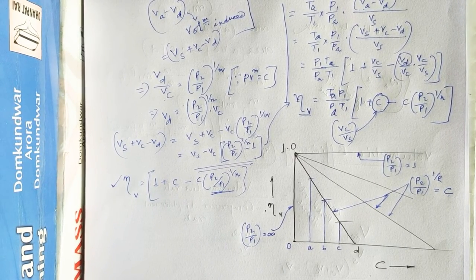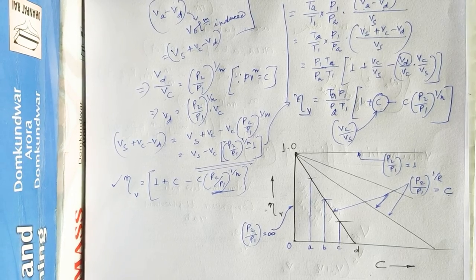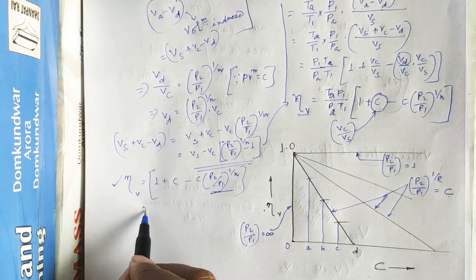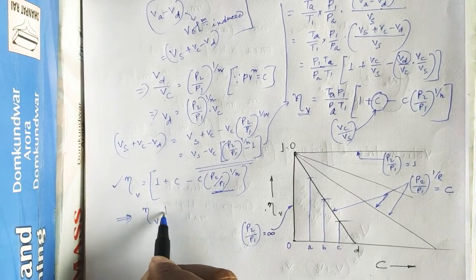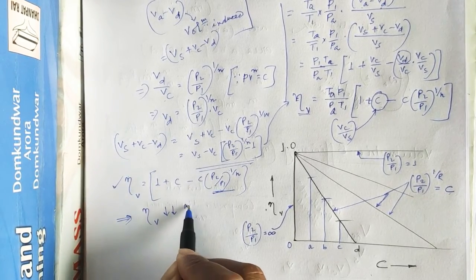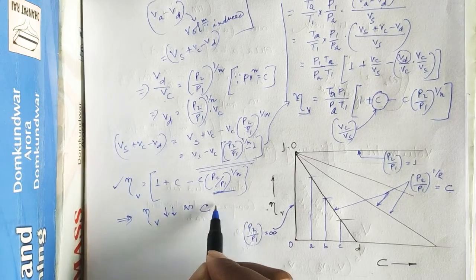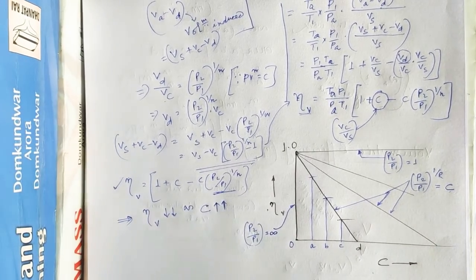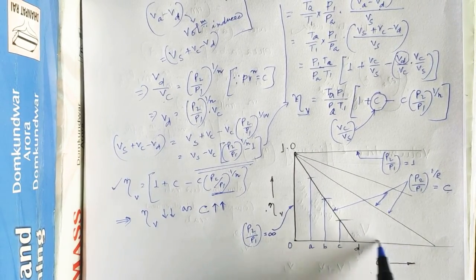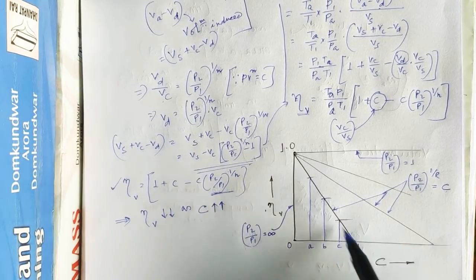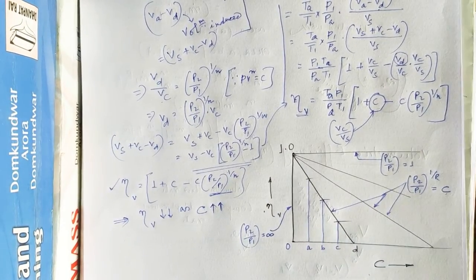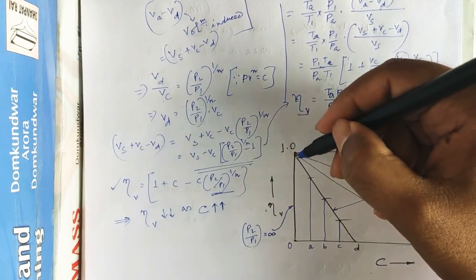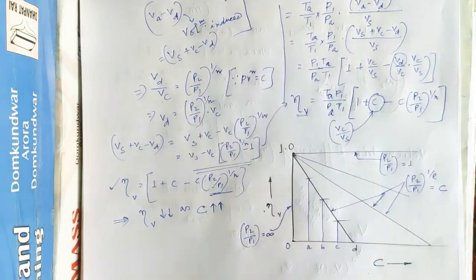From the graph it can be concluded, first, that the volumetric efficiency eta V decreases as clearance factor C increases. See, as the value of C increases, eta V decreases for a constant value of P2 by P1, if we look along the first line.